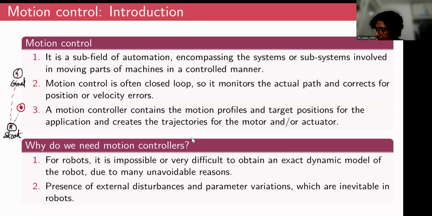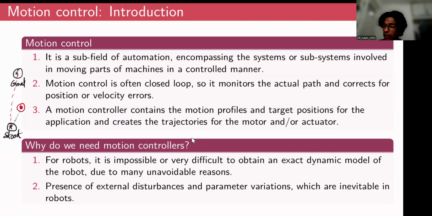And in point 3, a motion controller contains the motion profile and target positions for the application, and creates the trajectories for the motor and/or actuators.